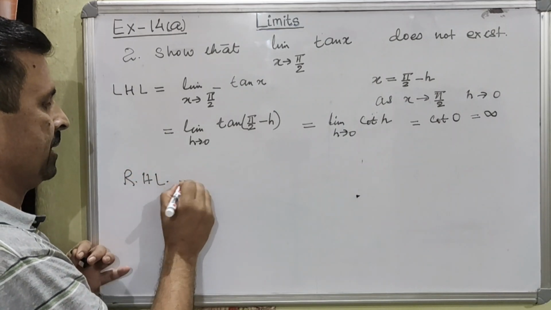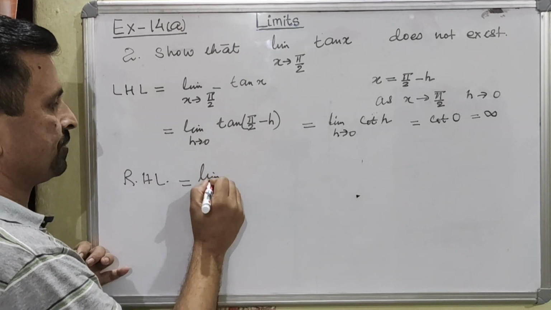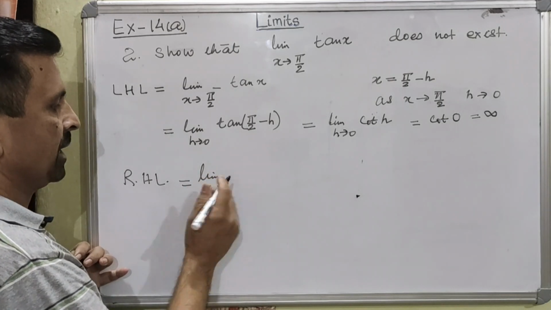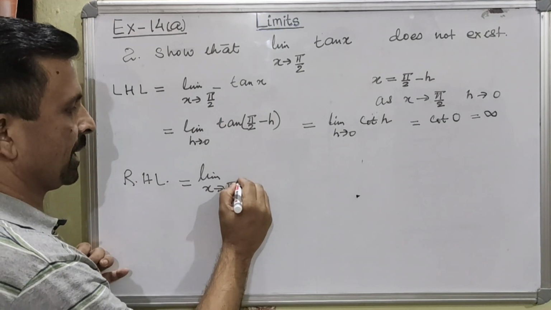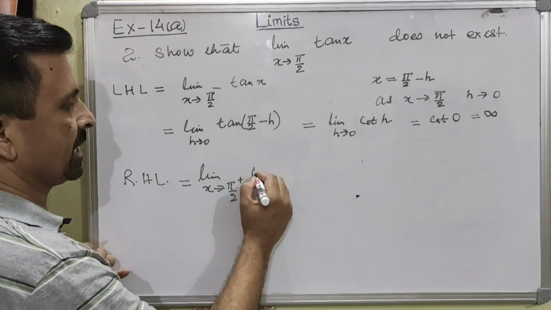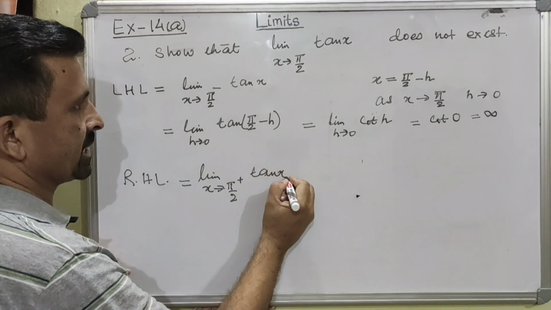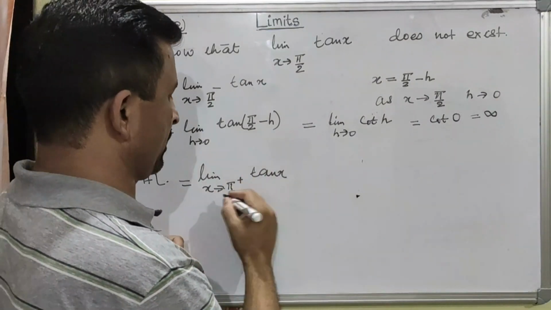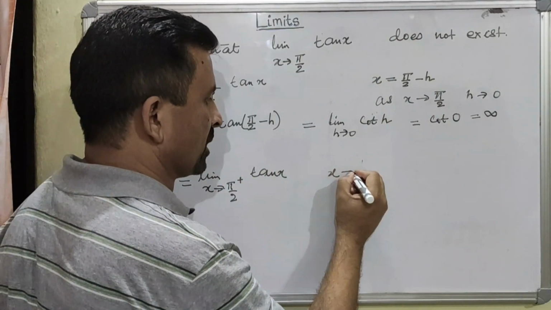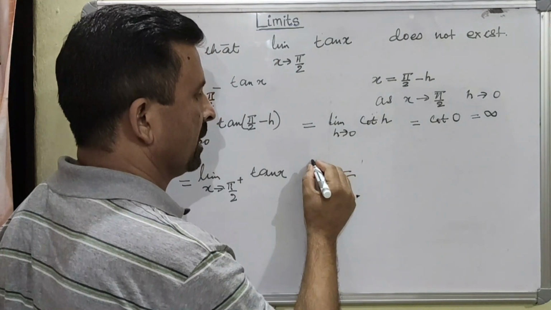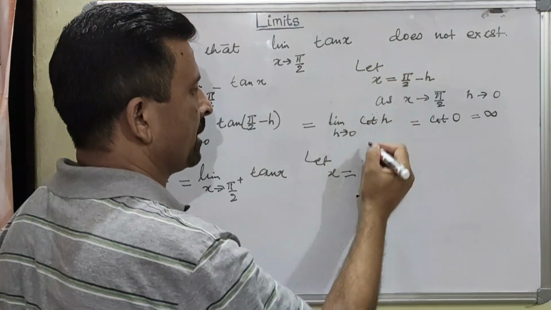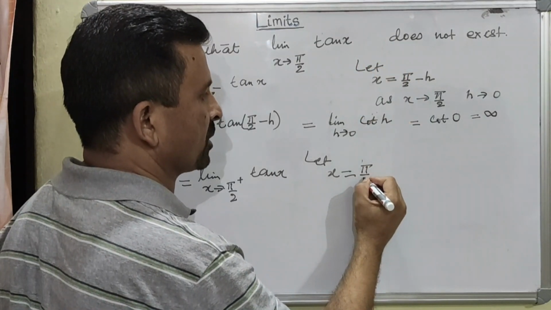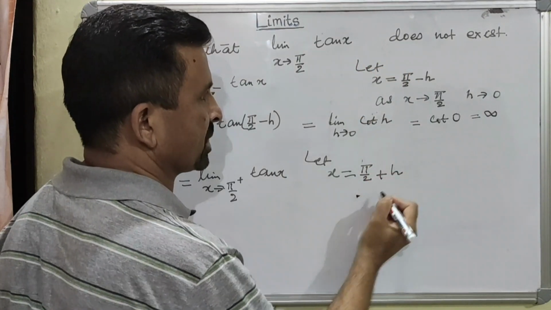Right hand limit is equal to limit x tending to, now from the right hand side, so it will be pi over 2 plus. And we will write here tan x. Once again, for this also we will assume x as equal to pi over 2 plus h. Clear?